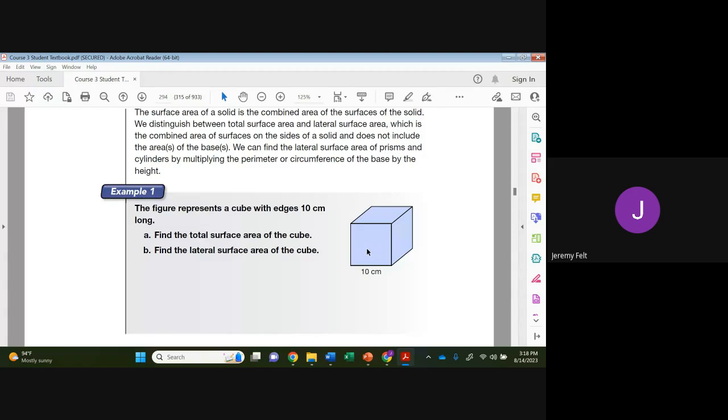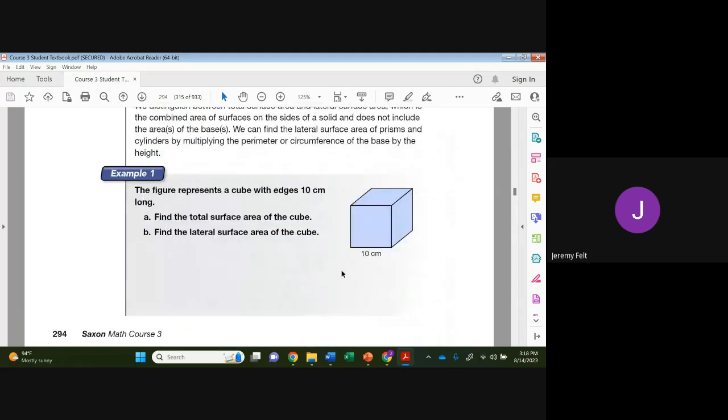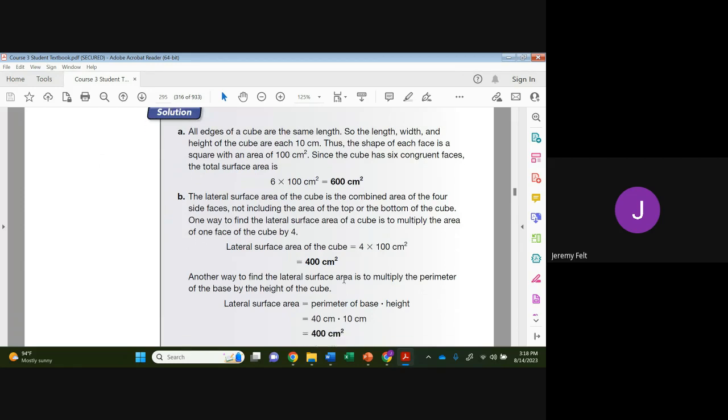So we would do 6 times 100, so it would be 600 square centimeters. And if we wanted lateral surface area, it would be 1, 2, 3, and 4 sides, not the top or the bottom. So it'd be 4 times 100, so it'd be 400 square centimeters. So that's the difference between surface area and lateral surface area.